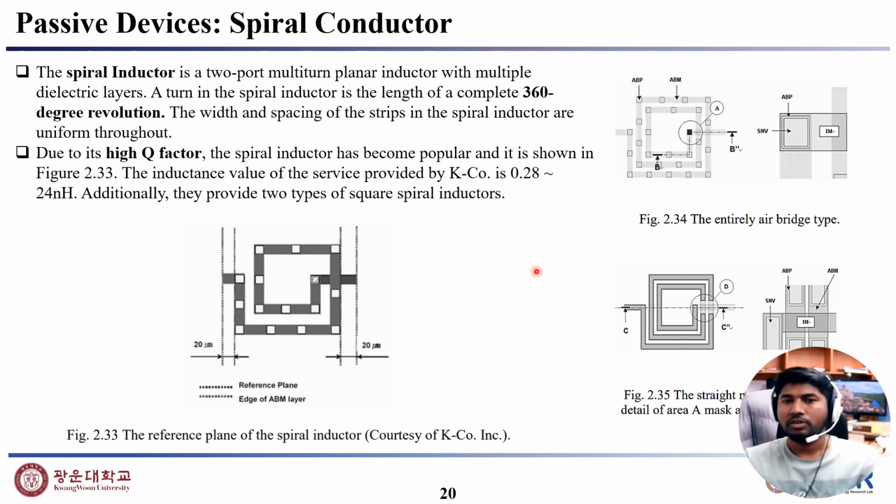Due to the high Q factor, the spiral inductor has become popular, and it is shown in figure 2.33, and the inductance value of the service provided by the K company, and they provide two types of square spiral inductor that is shown in the right figure, that is entirely air gap bridge type and the straight type.